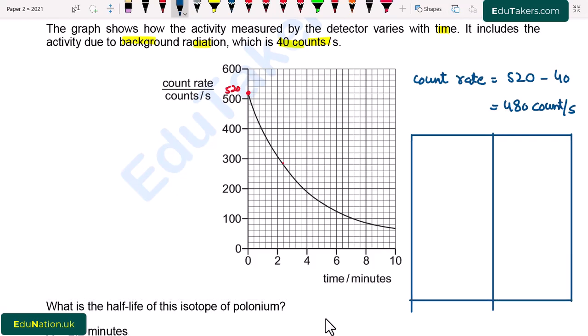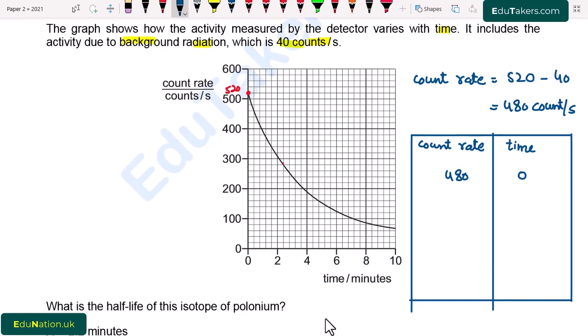First of all, I write here count rate, and here is time, which is measured in minutes. When time is 0 minutes, the initial count rate is 480.